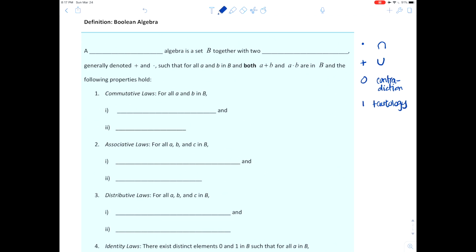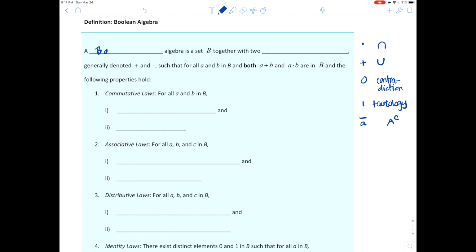And if you have a line over the A, that's kind of like, in set notation, an A complement, not A. Okay, so anyway, that's what we'll be doing.